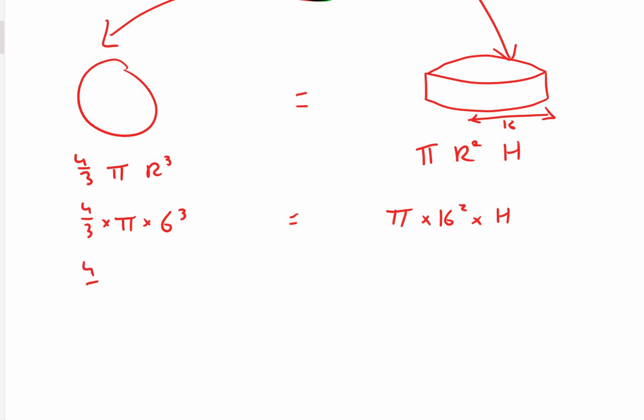So 4/3 multiplied by pi multiplied by 6 cubed, which is 216, equals pi multiplied by 16 squared, which is 256, multiplied by the h. We have an equation now with one unknown, and that unknown is our h.